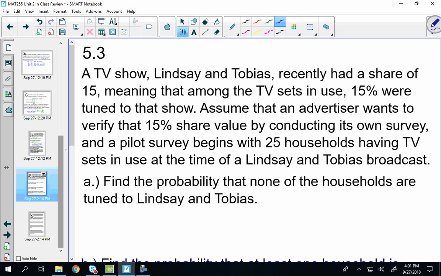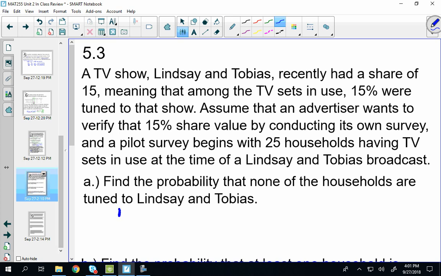Part A tells us to find the probability that none of the households are tuned to Lindsay and Tobias. So this is a binomial probability distribution. There's only two options. You're tuned in or you're not. They give us a probability of each success, and those successes are assumed to be independent.